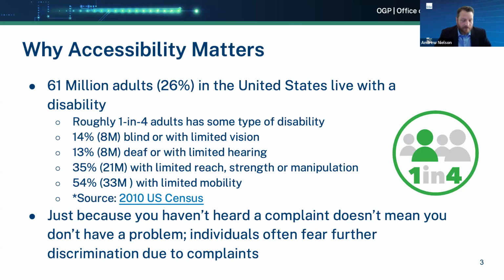That runs the gamut of different types of disabilities. 14% are blind or have limited vision. 13% are deaf or have limited hearing. 35% have limited reach, strength or manipulation, so some type of a mobility impairment. 54% have other limited mobility. And that's coming from, it's outdated now, but still from the 2010 US Census.